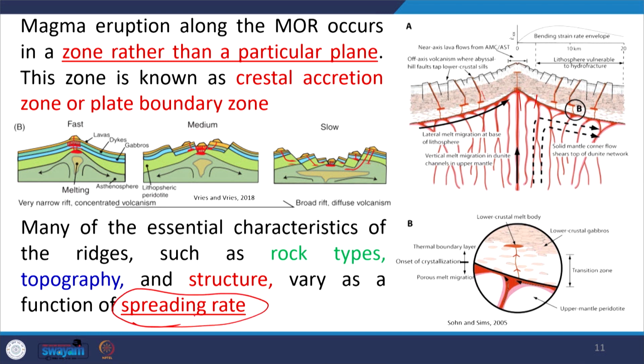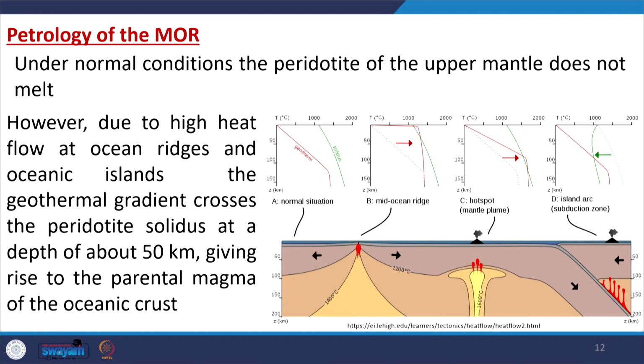And the spreading rate is the most influencing factor which is influencing all types of geology and geophysics of this mid-oceanic ridge. Now, if this is so, the magma is erupting and finally it becomes a part of this earlier formed crust. So, what is the rock type it is forming and how is it happening?